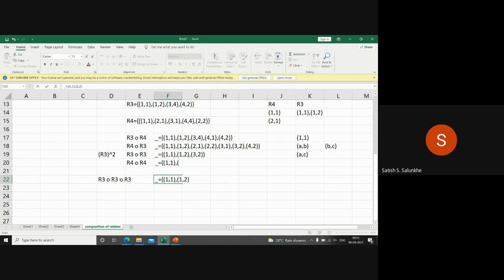Now in this, whether you have done this first and then the composition, or whether you have done this first and then the composition, is it the same or not? Let us try to understand what I am talking about right now. You have done this first.